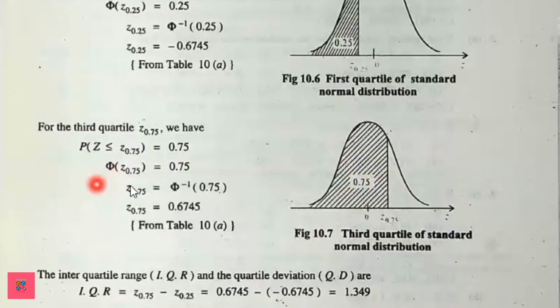If there is a greater than sign, we cannot write it as phi of z. We will first convert the greater than sign into less than by taking 1 minus the same value. Then the area will be less than, and that value of z is replaced by phi of z.